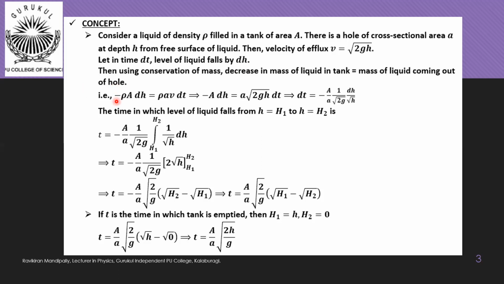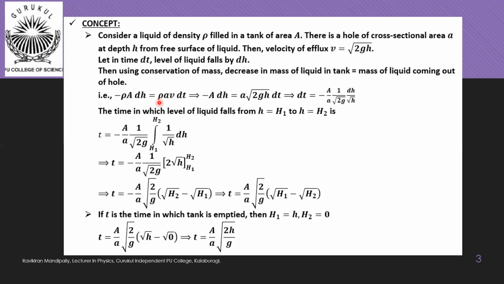So density of liquid into decrease in volume, capital A into dh, is equal to rho AV dt. Here AV dt is the volume of liquid coming out, multiplied with density.